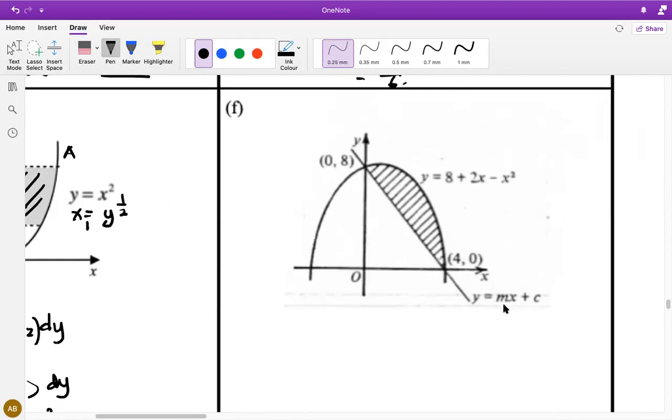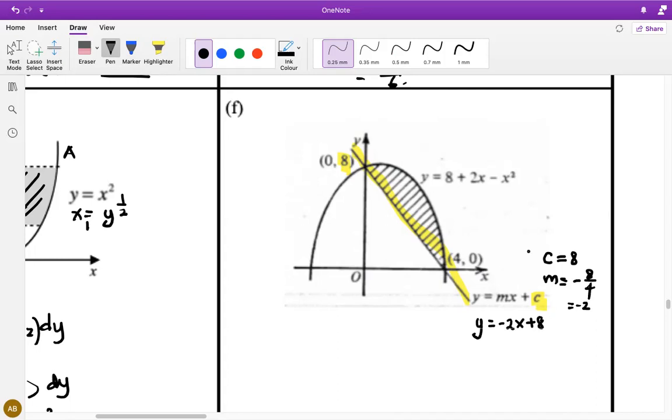C and m are not given, but we can find the equation of the straight line from here. C will be the y-intercept. Remember, this question didn't ask you to find c and m, but you have to find them yourself. So what is m? m is using the formula negative y-intercept over x-intercept. So 8 over 4, so it's negative 2. So the equation is y equals negative 2x plus 8.